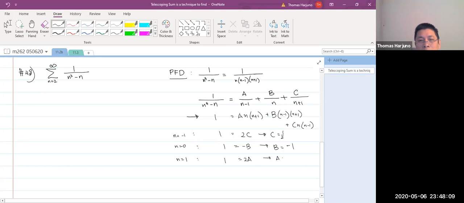So A equals 1/2. So now I can rewrite my 1 over n cubed minus n as 1/2 over n minus 1, minus 1 over n, plus 1/2 over n plus 1.